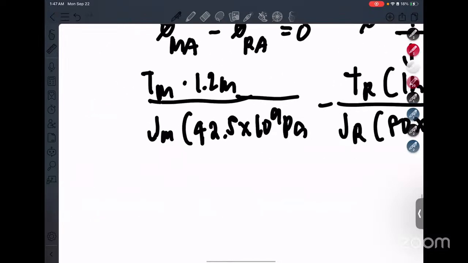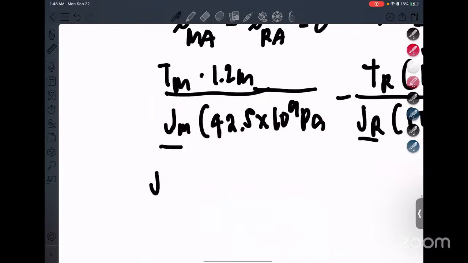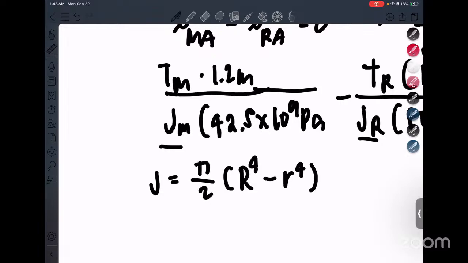Now, solving for these two is a geometry thing. Recall that the polar moment of inertia is equal to pi over 2 times r to the fourth, in the case where the inner radius is zero, because here there is no inner radius.